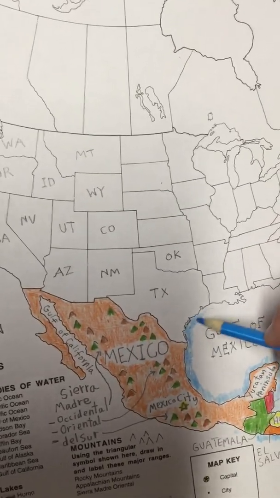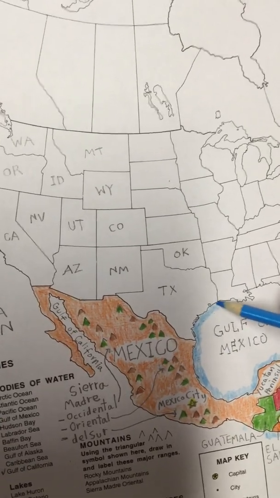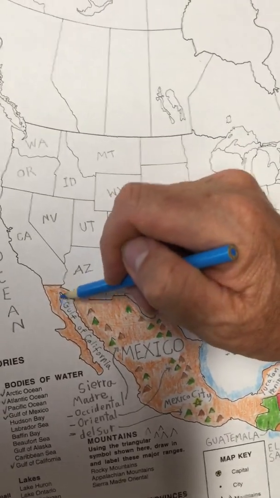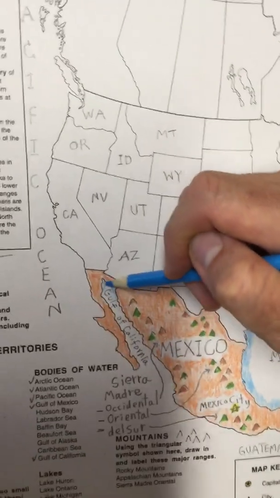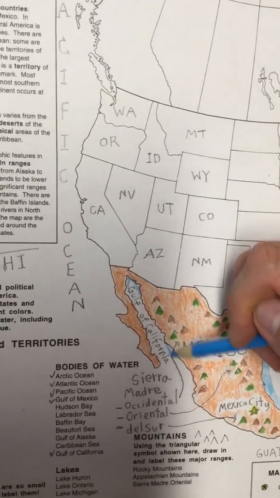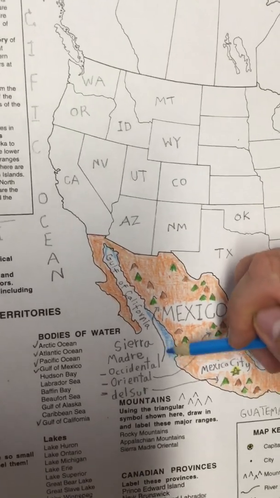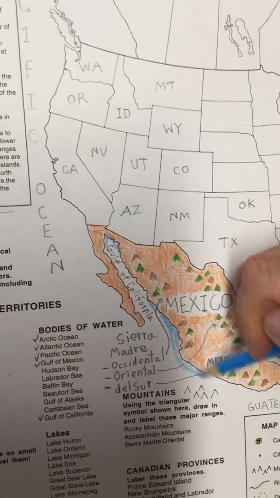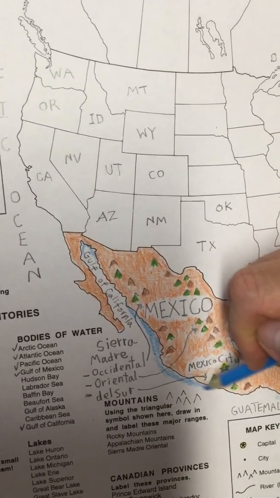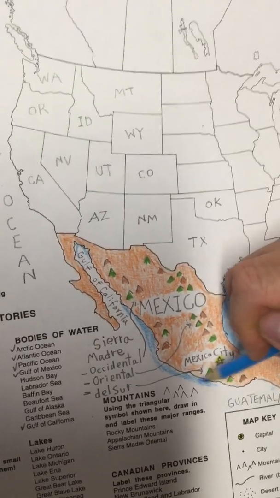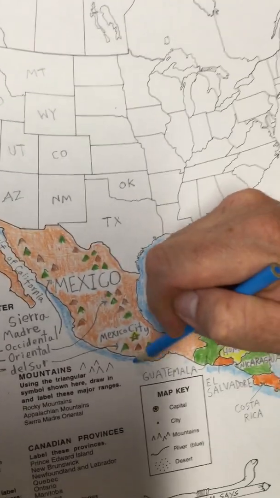I've done Texas, so I can go along that Texas coastline. And I could go into the Gulf of California here. And I could also work my way all along that southern coastline of Mexico, west and southwest coastline.